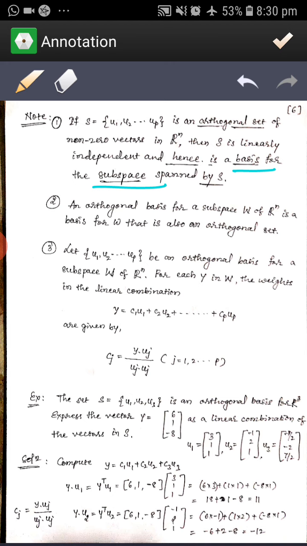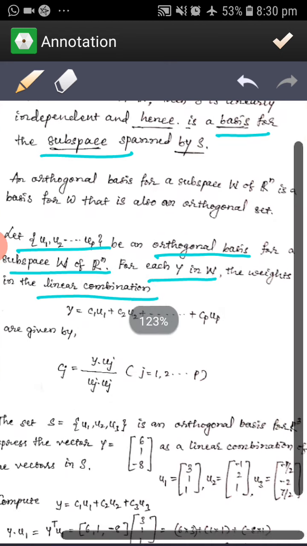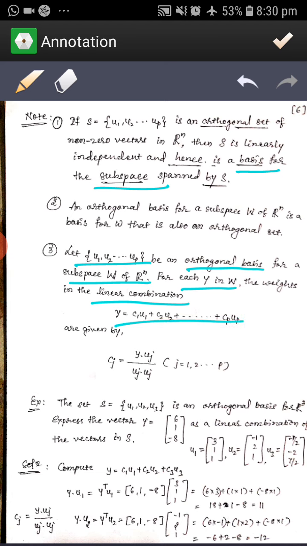Similarly, let u1, u2, ..., up be an orthogonal basis for the subspace W of Rn. For each y in W, the weights of the linear combination can be given as y = c1 u1 + c2 u2 + ... + cp up, where u1, u2, ..., up are vectors and c1, c2, ... are the weights.